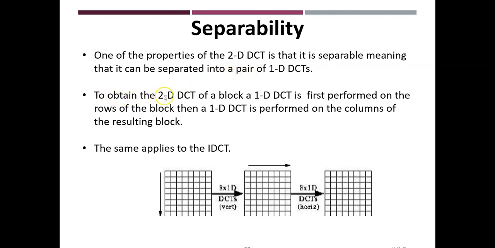To obtain the two-dimensional DCT of a block, 1D DCT is first performed on the rows of the block, and after that 1D DCT is performed on the columns of the resulting block. The same applies to the inverse DCT. So first, dia akan baca dulu based on the row and after that based on the column. Okay.